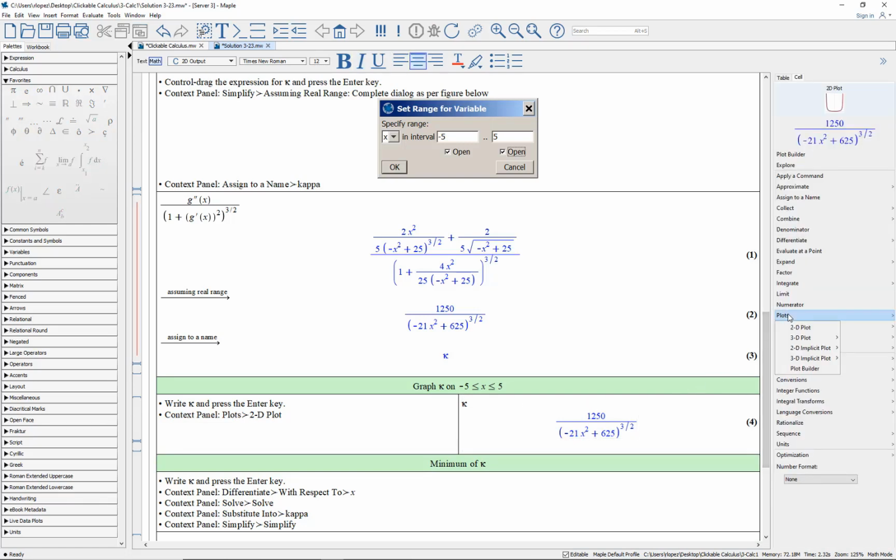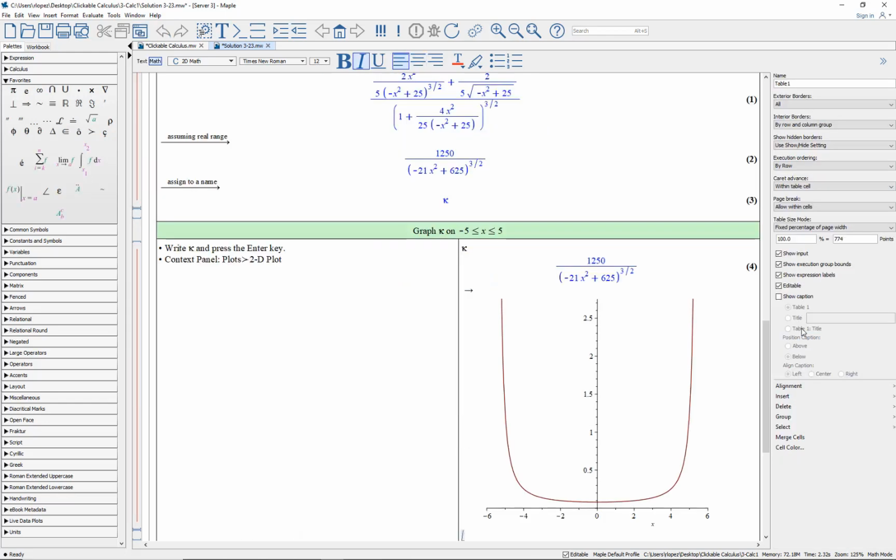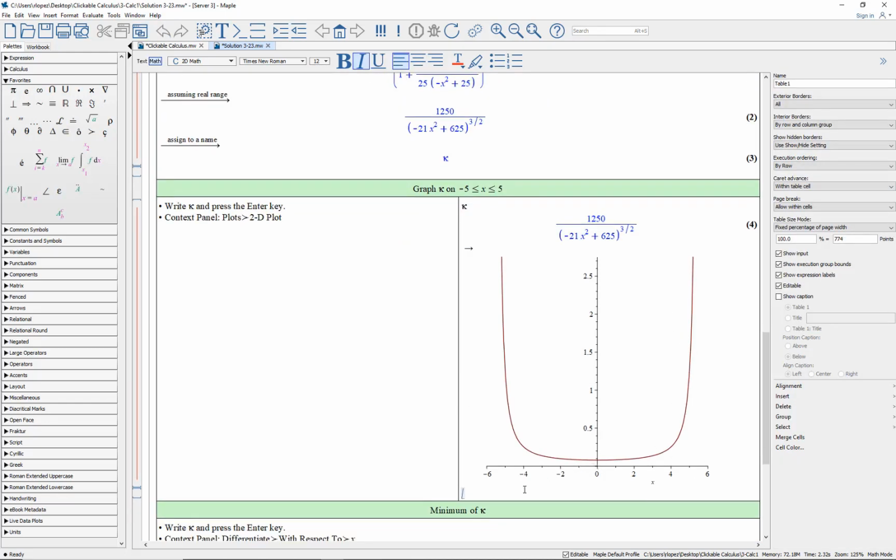So plots, 2D plot. Well, the default domain is -10 to 10, but out here and over here, Maple didn't find any real values, so it drew the graph on -6 to 6. And you can see that there is a minimum to this curvature at x equals 0. Where's the maximum? Well, it's got to be up here at the end point, which is probably x equals 5.